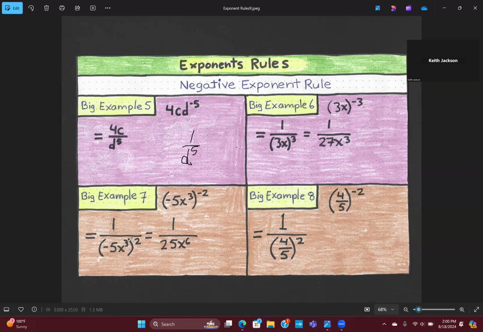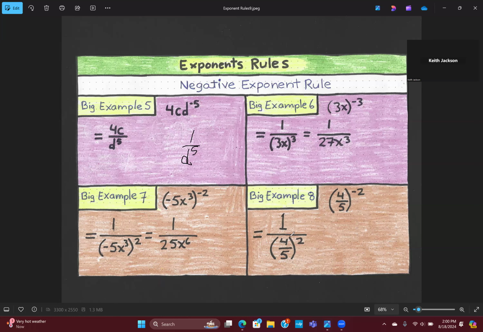Since we know that if it's raised to an even exponent, like for example, a negative 5 times a negative 5 will give us a positive 25. And we're going to multiply the exponents right here because we're going to use the power rule, the power of a product rule, in which we're going to multiply the 2 times the 3. And this is why we get x raised to the sixth power. So our answer in its totality will be 1 over 25x to the sixth power.